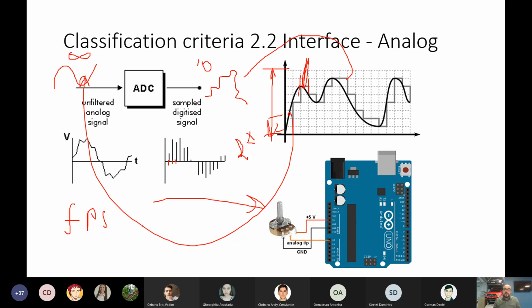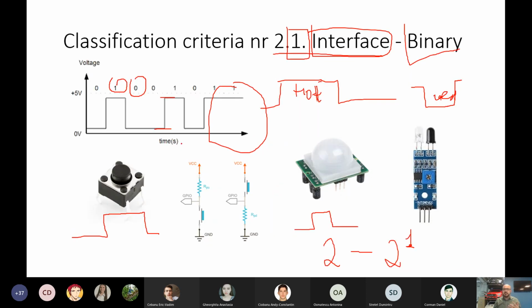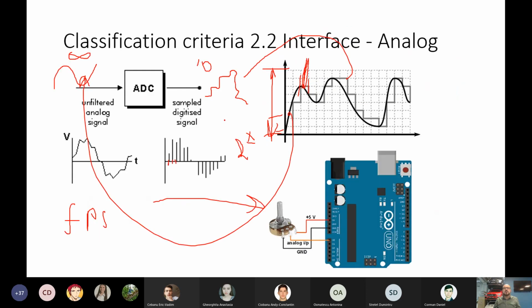Okay, so the resolution means money, or means hardware costs, and sometimes it's enough for us to have the binary. I want to see if it is day or night. In this case, why not? It's enough. I don't need to see the luminosity after that to see if it is day or night, and we can use a very cheap sensor.